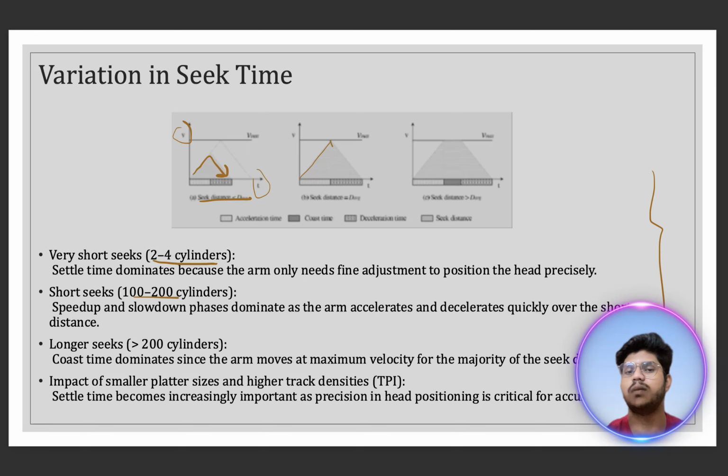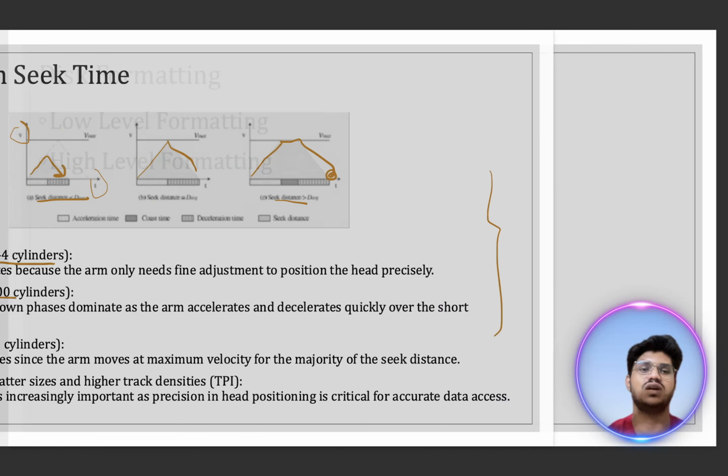If the seek distance is very high, it will accelerate first, then reach the maximum velocity, move some distance with that maximum velocity, then slow down, and then reach that particular sector. So this graph shows that.